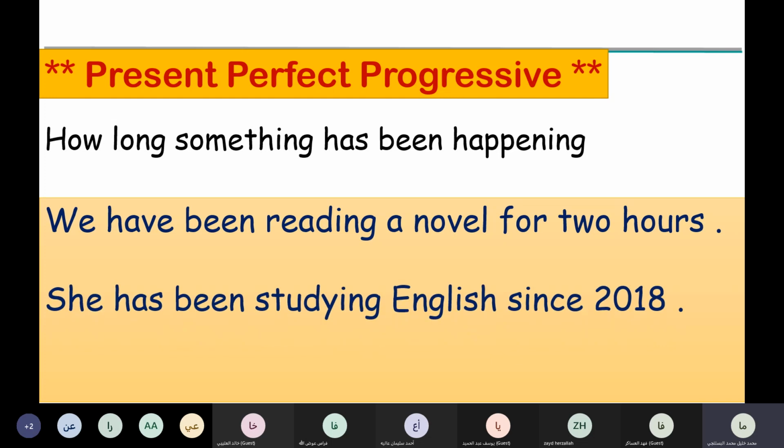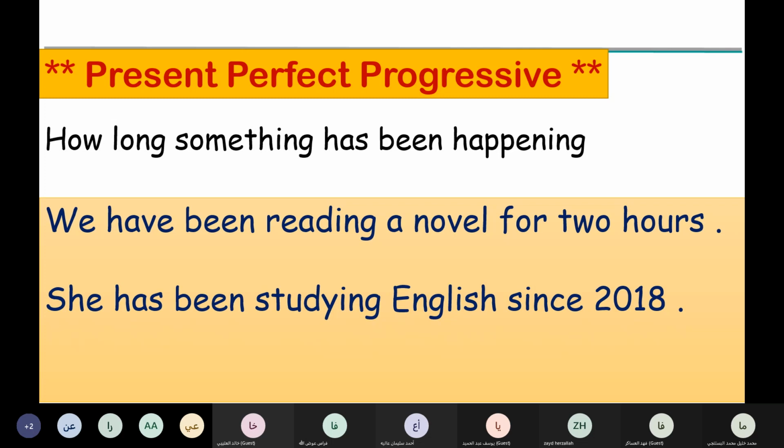Has been reading, it's reading. Good. You realize here we can use since. If you want to talk about from that point of time, we use since.